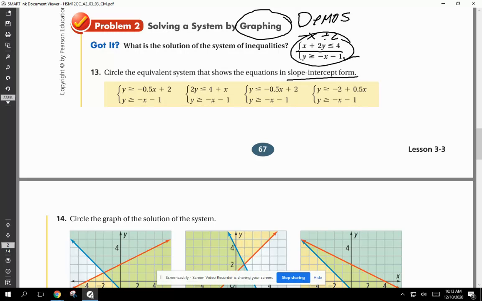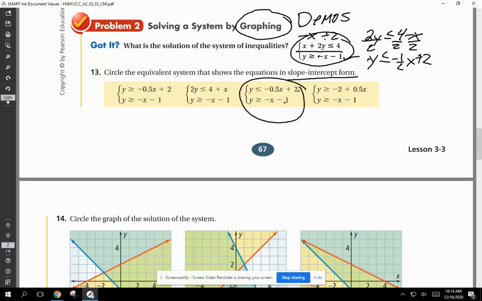When you subtract the x, you get 2y is less than 4 minus x, divided by 2. You get y is less than -1/2 x plus 2. And this is right here. That's the one right there. Because this one is the same as this one, and we just solved this one for that.